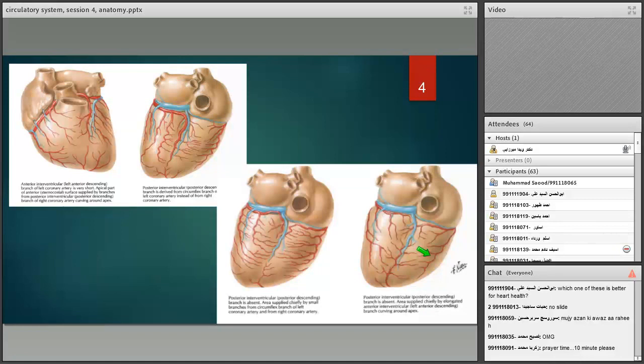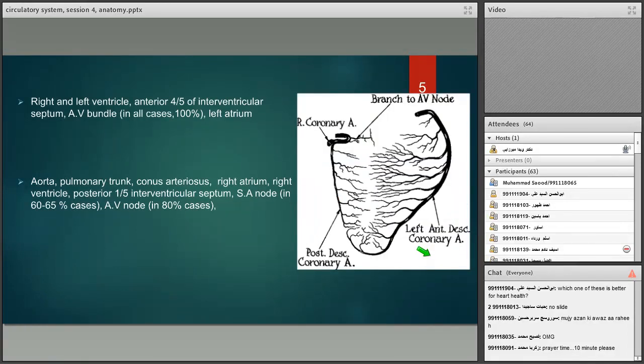So, the main and the typical form is that form that I said, but it's so different. Look at here. The right and the left ventricles, the anterior 4/5 of the interventricular septum, the AV bundle, which I will explain in this session, in all cases, I mean 100% of people, and the left atrium are being supplied by the left coronary artery.